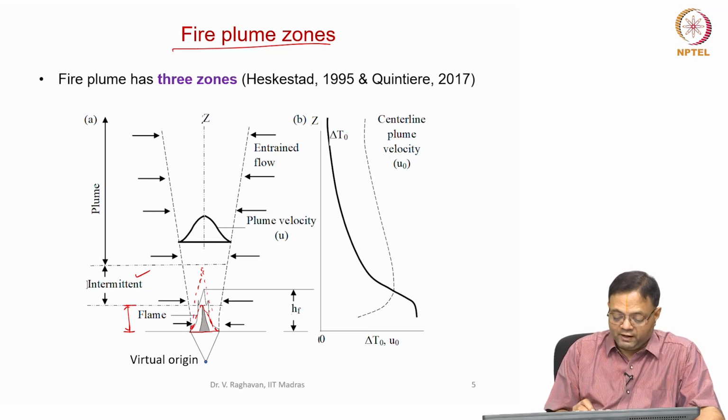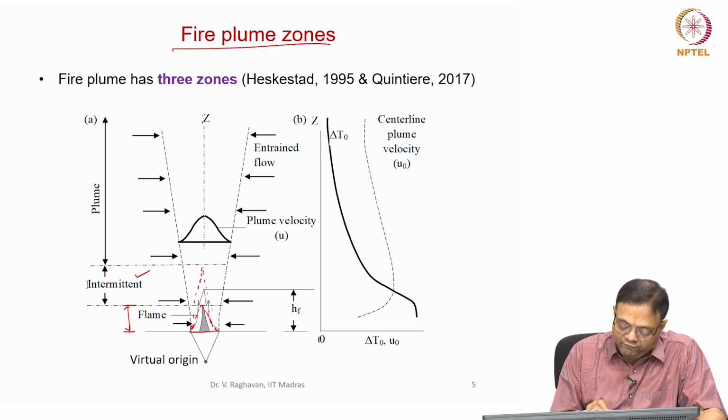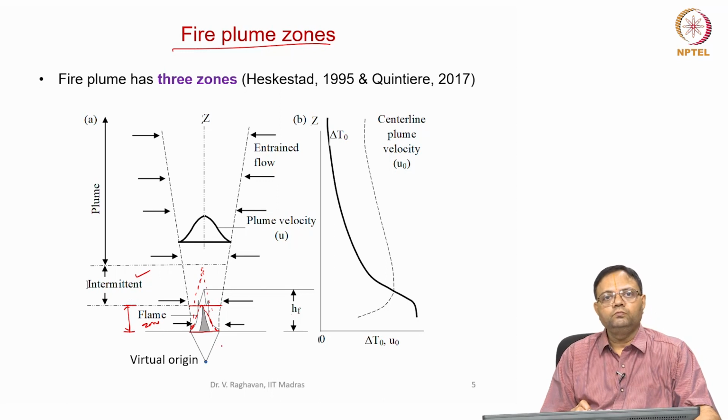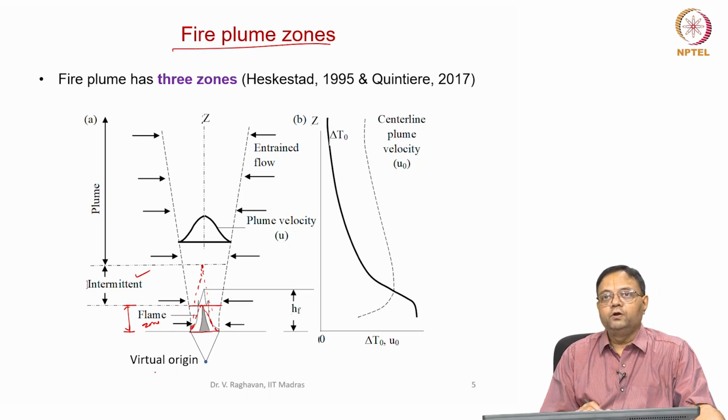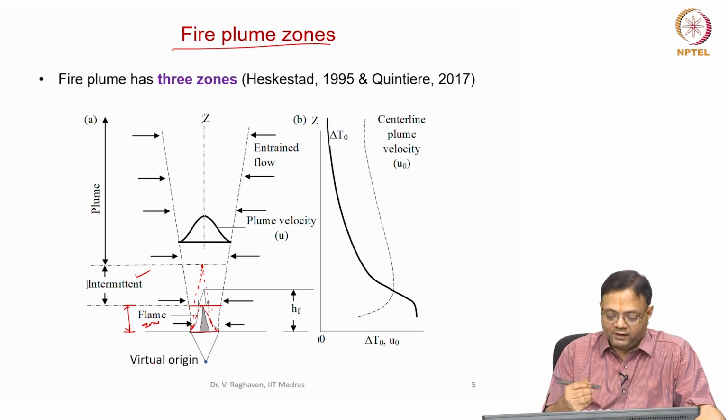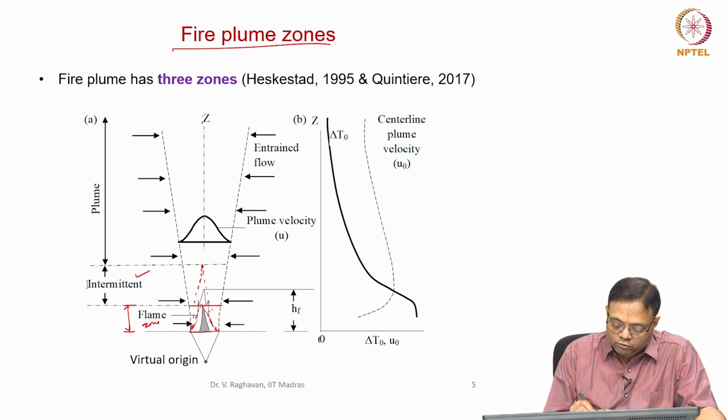Now, you can see that the flame is always seen in the flame zone. Always it is there. But in the intermittent zone, at a particular time instant, it may be at this point, it may grow till this point, or at another time instant, it may grow to this point.